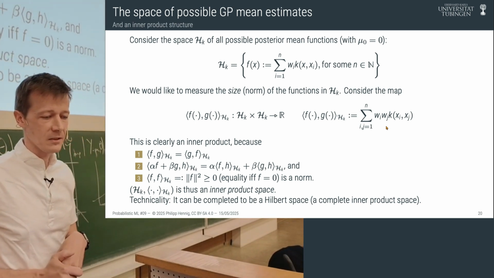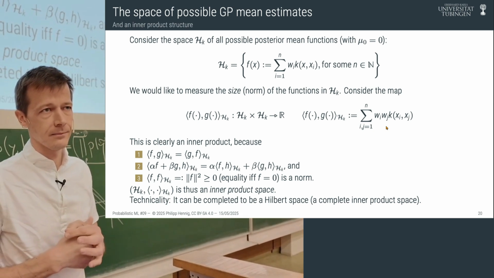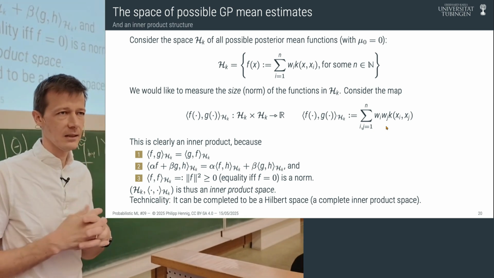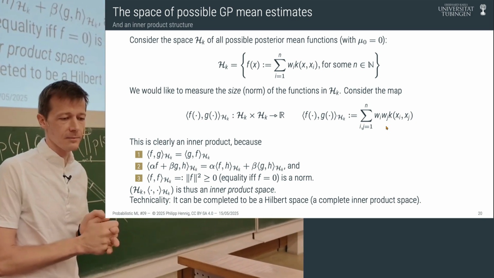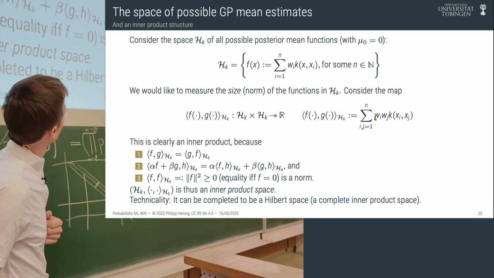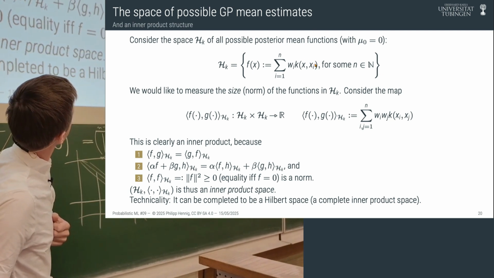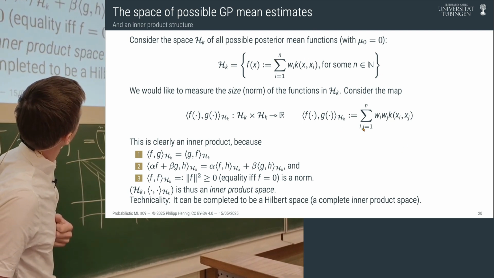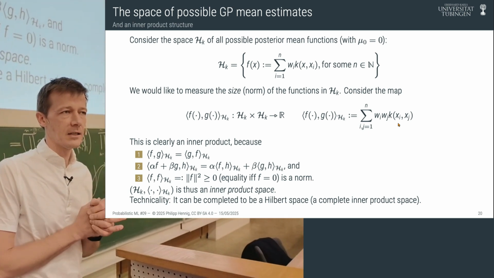So every function is identified by a vector of weights W. It has finite length, but unbounded finite length. Maybe even countably infinite length, but I can write down this sum. And so I have these W's, and I can put them together. And I also have all these xi's and xj's for the two functions, and so I can just put them into the kernel. That's my way of defining an inner product.